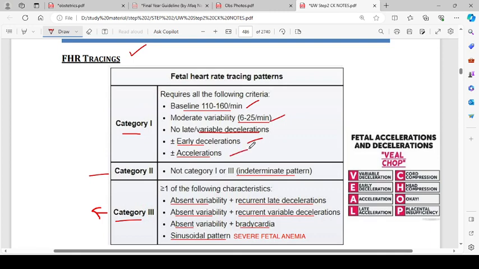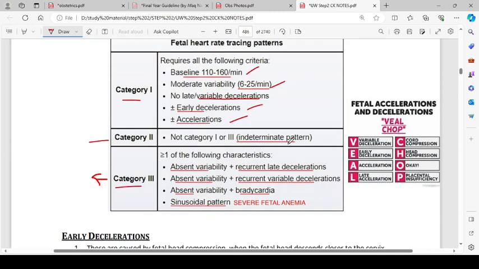This is category 1. Category 2 is neither category 1 nor 3, an intermediate pattern. Category 3 is more than one of the following: absent variability with recurrent late decelerations, absent variability with recurrent variable decelerations, or absent variability with bradycardia. Sinusoidal pattern suggests severe fetal anemia.